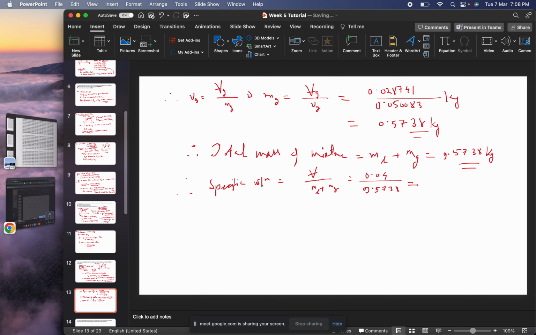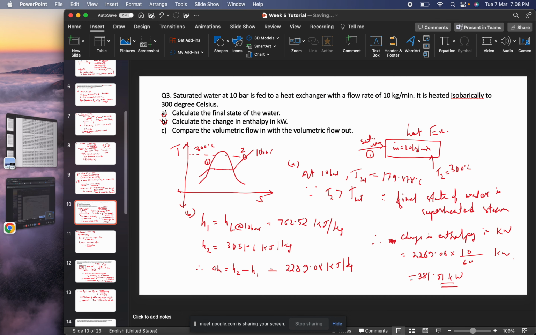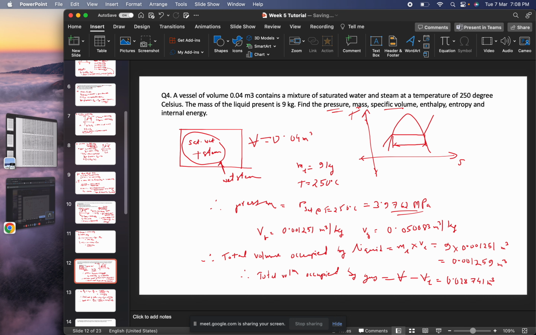Okay, 0.04 divided by 9.5738, so that will be 4.17 into 10 to the power minus 3 meter cube per kg. Okay, so we got this specific volume also.